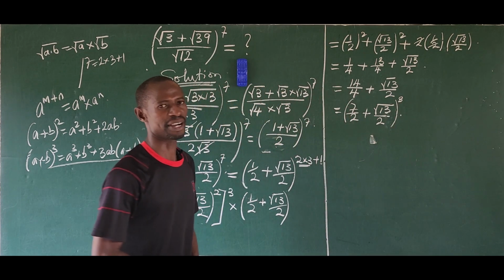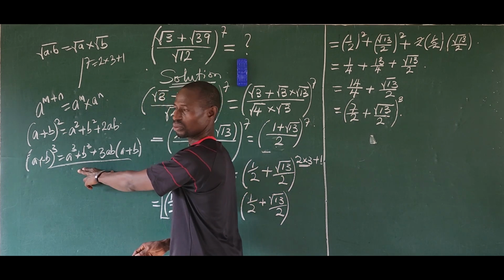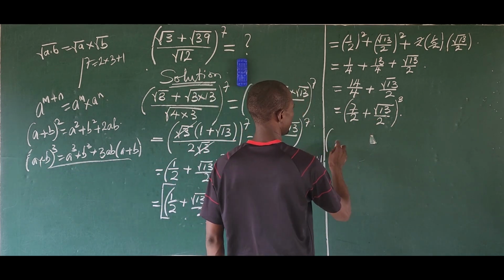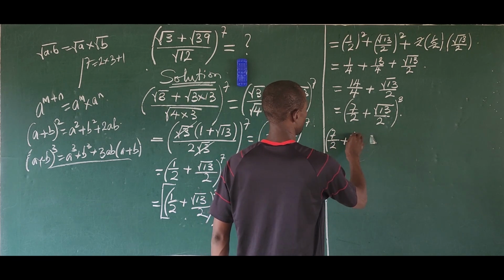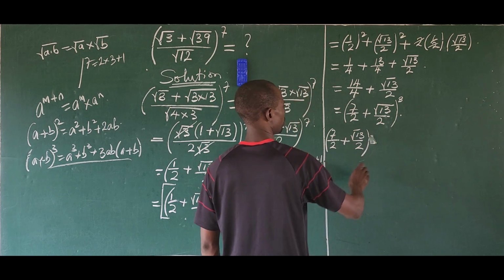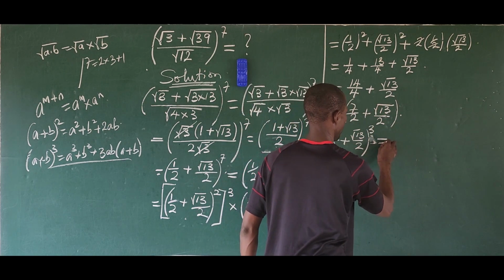So how do we simplify this? We now come to this algebraic identity, which is this second one. So we now have 7 all over 2, then plus root 13 all over 2, all raised to, in fact, let me keep this one and raise this one to the power of 3.